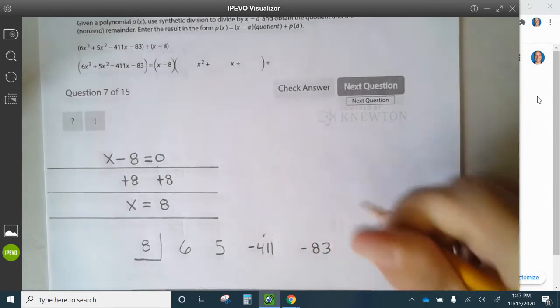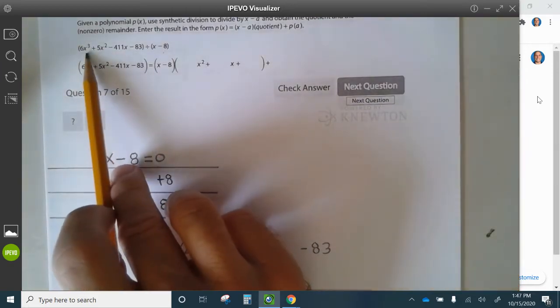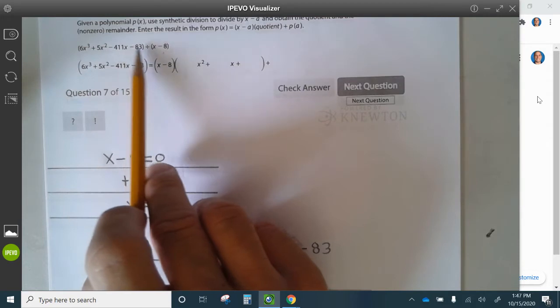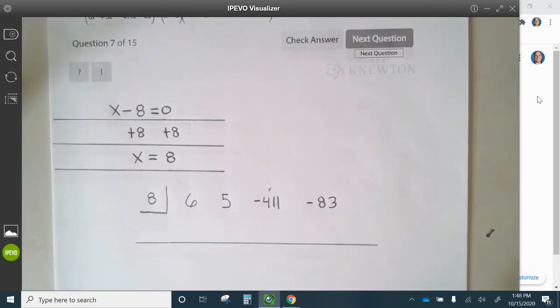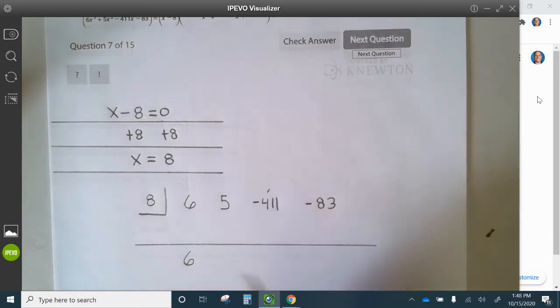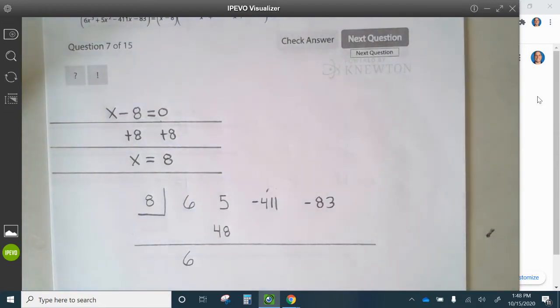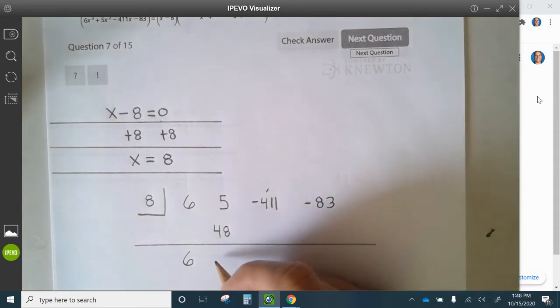And we're good because we have 3, 2, 1, constant. Okay. All right, so bring down the 6. 8 times 6 is 48. Okay. And then 48 and 5 is 53.